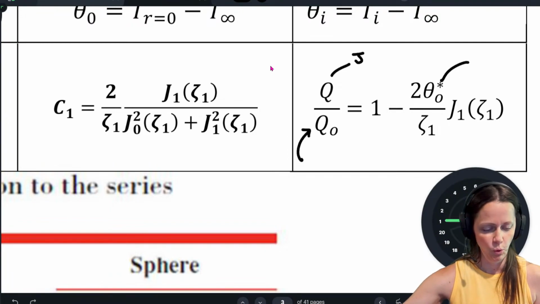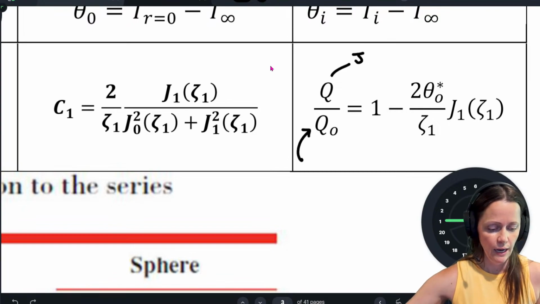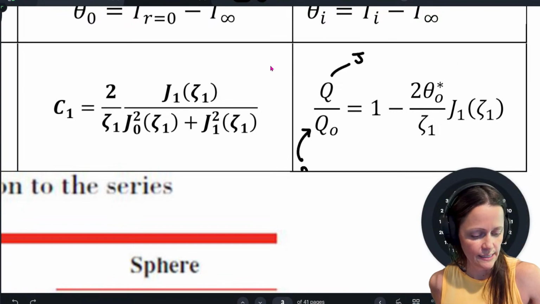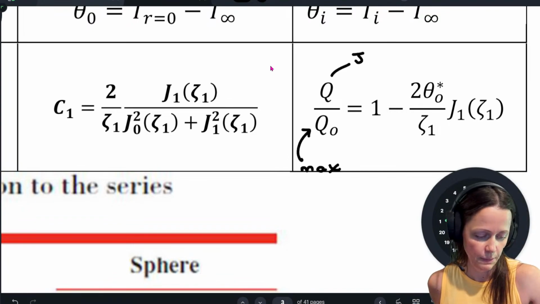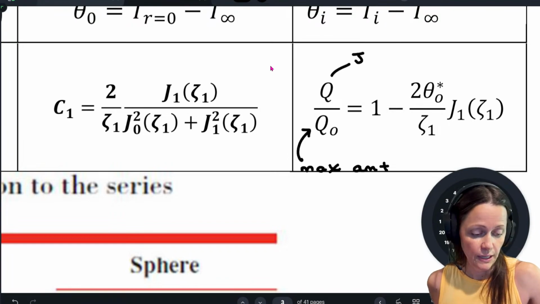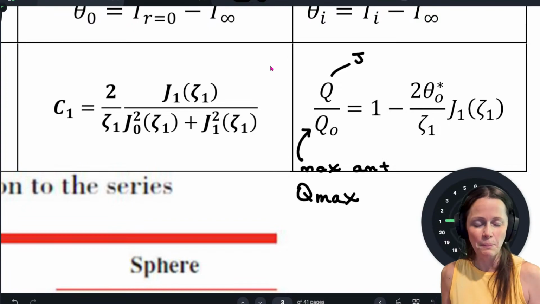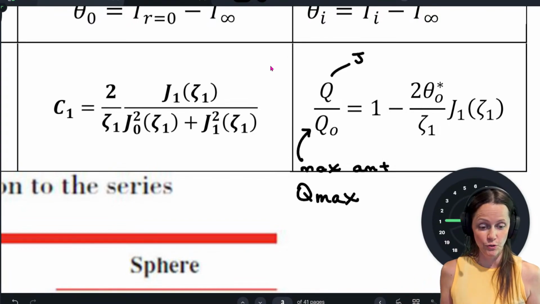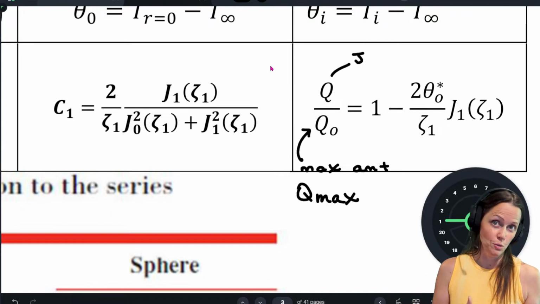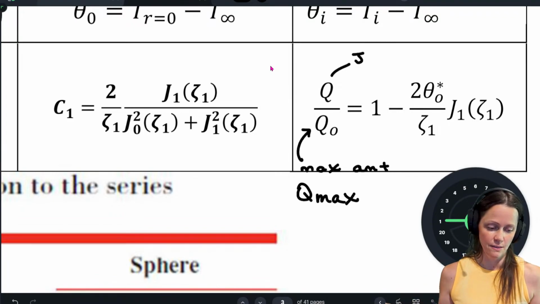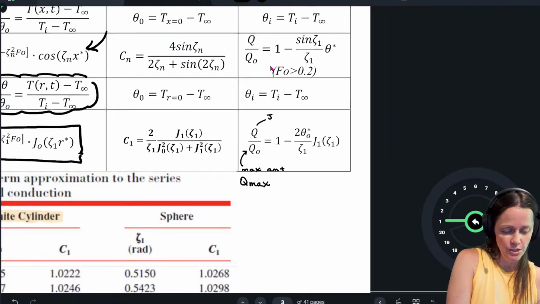It'll become a little more obvious when we actually use it. And this Q naught is the maximum amount of heat that could be transferred, so we could just call it Q max. That would be the maximum amount of heat transfer that occurs as that cylinder comes into thermal equilibrium with its environment. That's all.